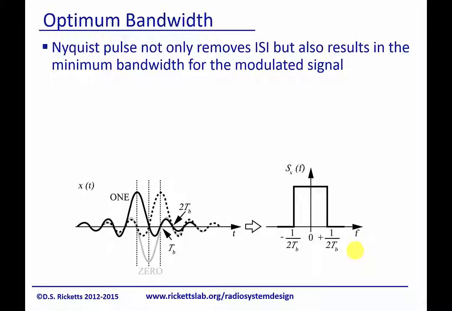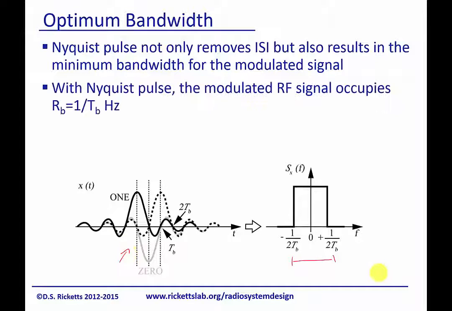And Nyquist realized that not only does it remove the intersymbol interference, but it also results in the absolute minimum bandwidth for the modulated signal, which would be ideal, because basically this is the smallest bandwidth you can get to transmit the pulse information that you'd like to.